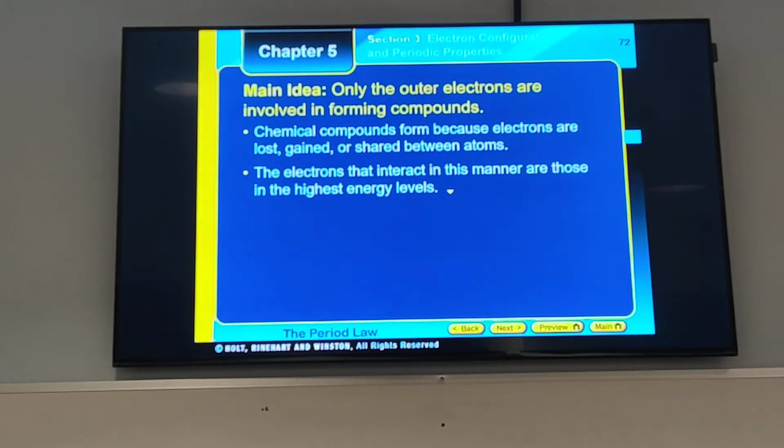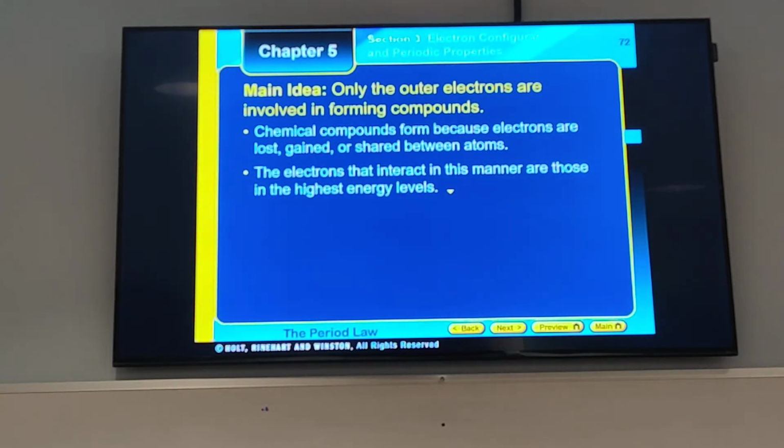And so it's just the highest numbered level. The most helpful thing for figuring out how many electrons they have in their highest numbered level is that noble gas configuration that you have on your periodic table. For instance, if you look at sodium, which is element number 11, its noble gas configuration is going to be Ne 3s1.